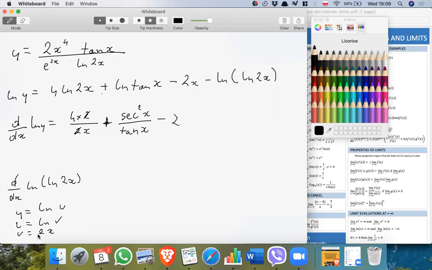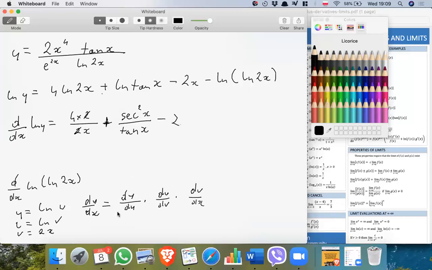So we can see that this is a sort of a triple whammy. So dy/dx equals dy/du multiplied by du/dv and multiplied by dv/dx.